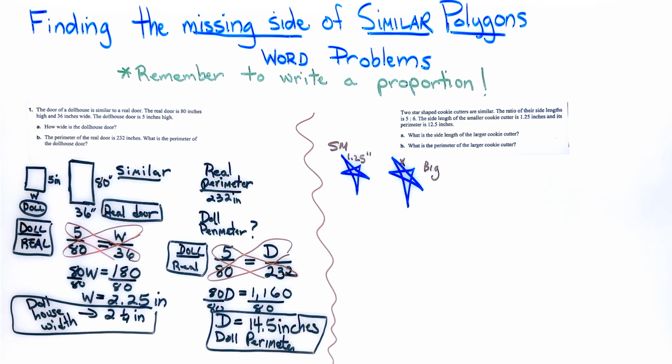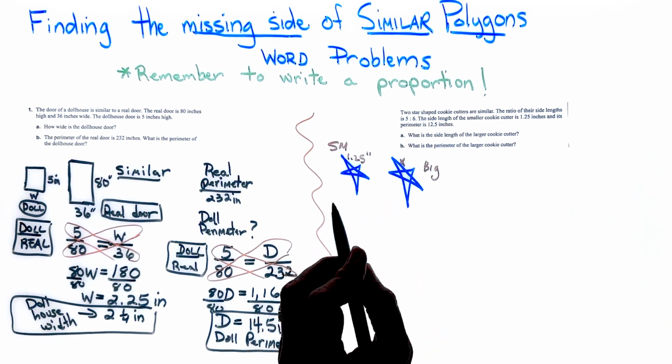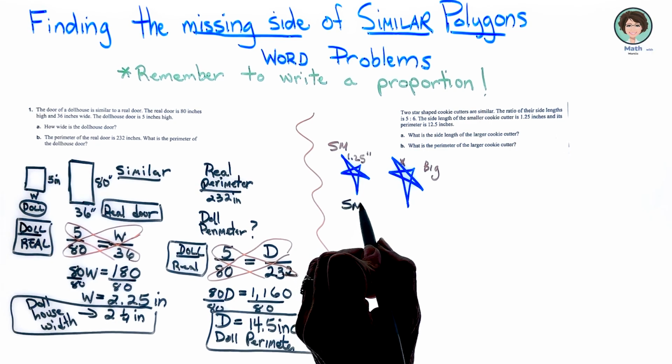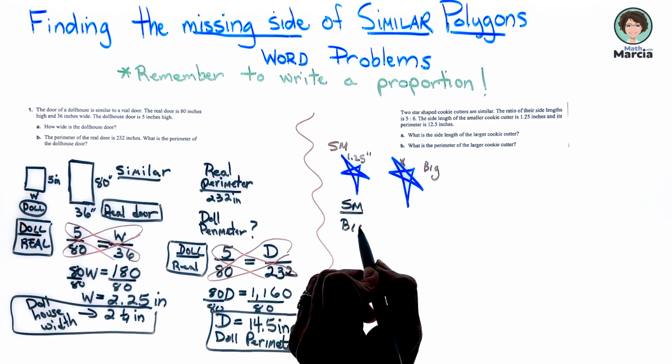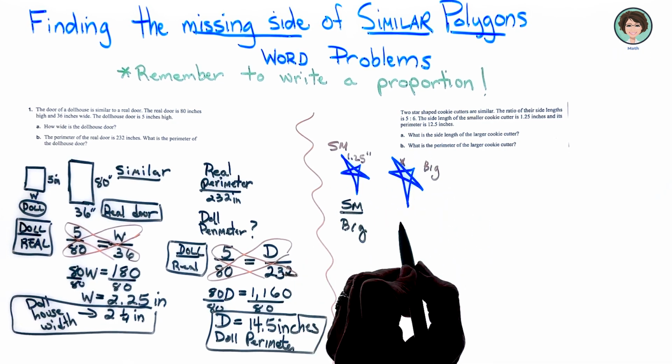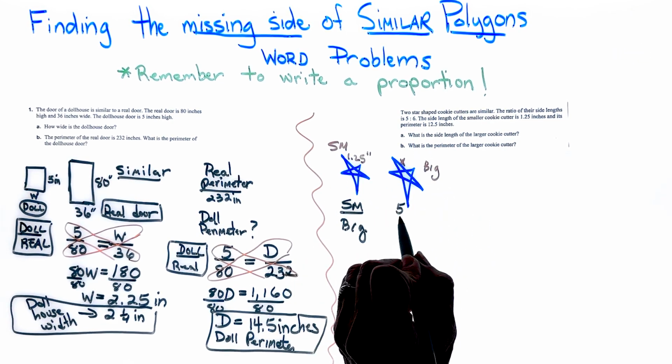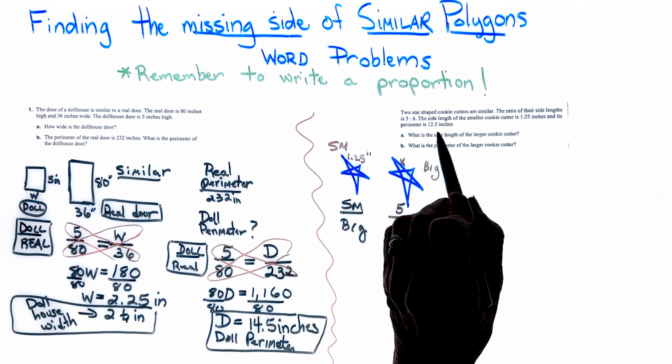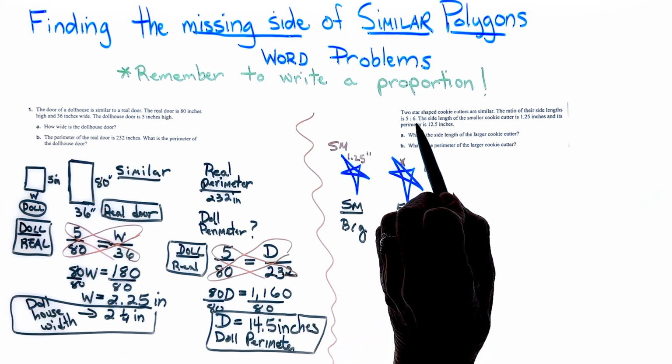In the problem, they actually do give us the ratio of their side lengths. They're not that much difference in size. So when I'm writing my ratio, here it is. I'm writing my words, small over big. And you're going to say, well, which do I put first? Well, the smaller number between 5 and 6 is 5, and 6 is on the bottom because this is the ratio of the sides.